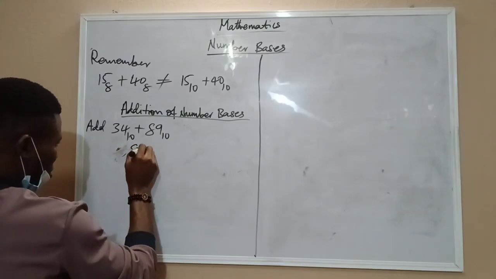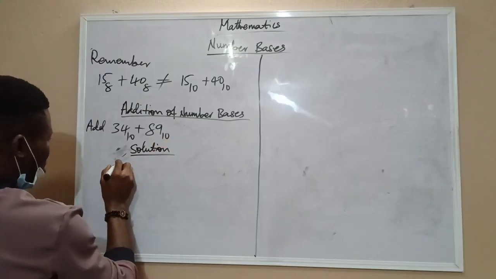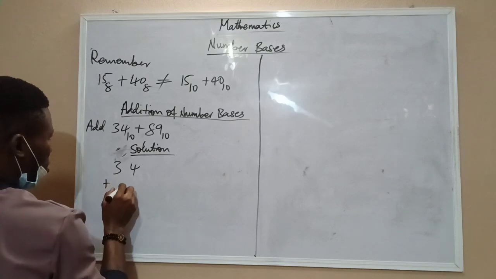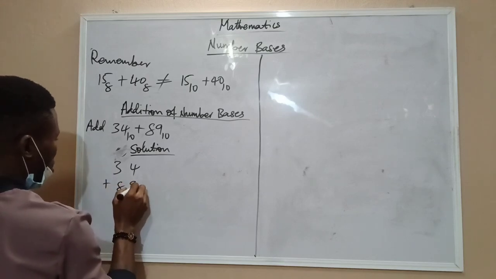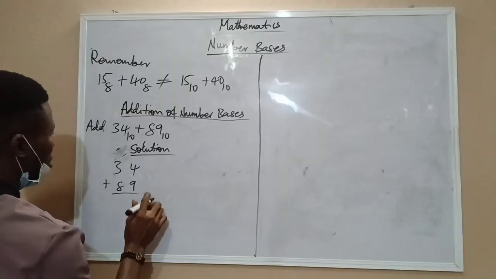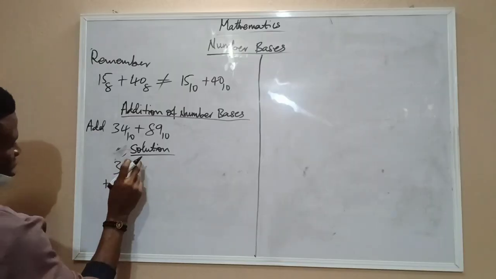Let me write my solution. This is 34 plus 89. But remember, it is in base 10.